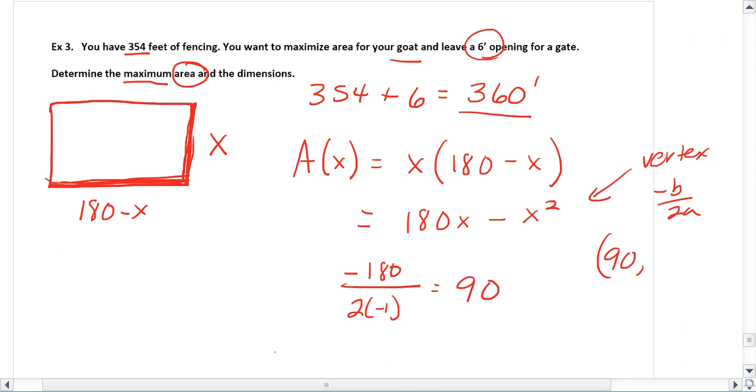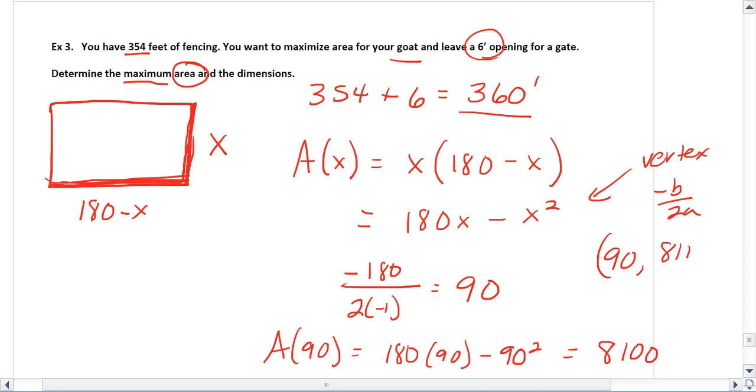So now we want to plug in the 90, A of 90. So I have 180 times 90 minus 90 squared. If I did the math right, I got 8100. So there's our vertex. And now we need to interpret it.